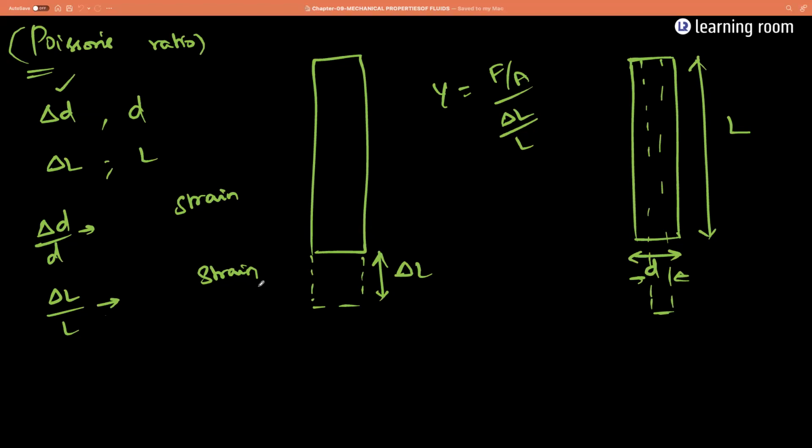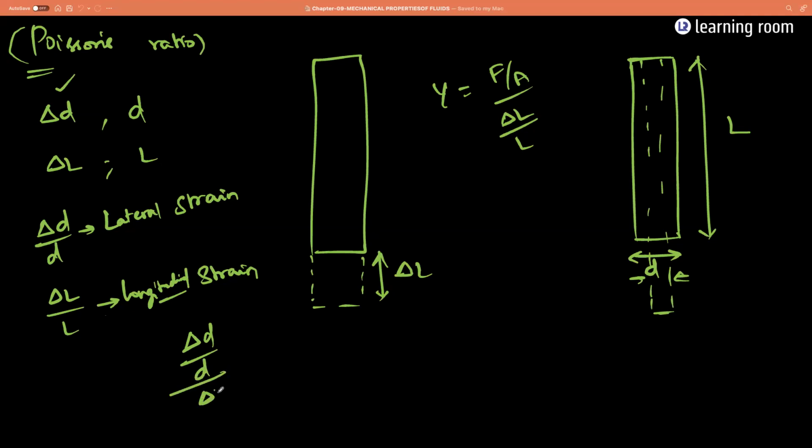Now we need to set the prefixes. Diameter has to do something with the sides. So sides of a shape are generally called lateral. Length has something to do with the longitudinal aspect. So change in length by original length is called longitudinal. Now the question is, is there a possibility where I take the ratio of only the strains on the material? Yes, I can do that.